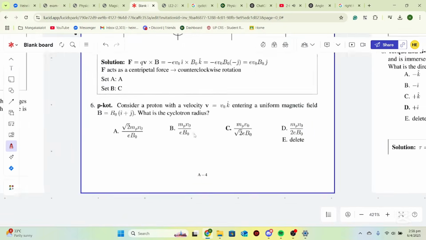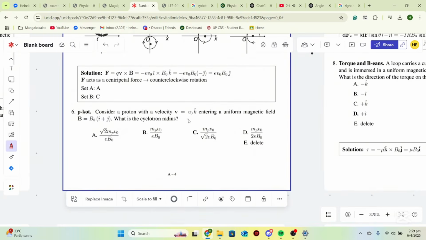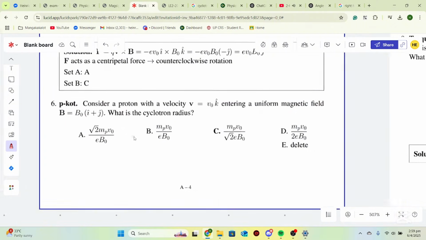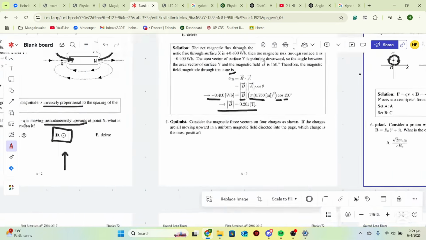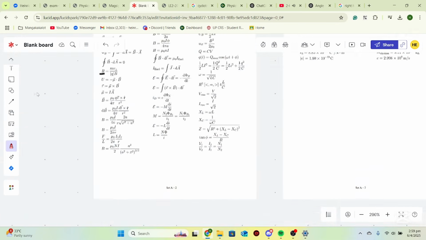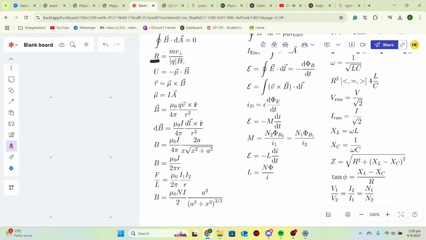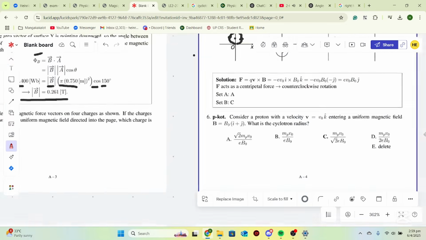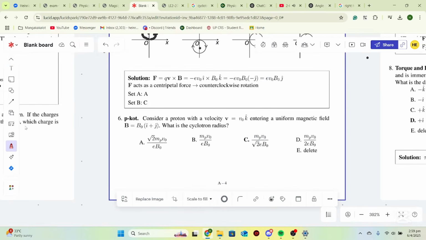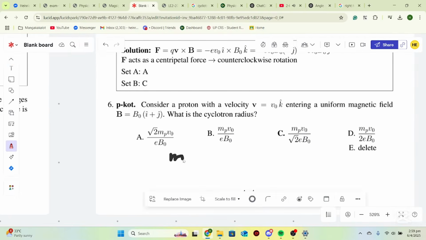All right. For number six, consider a proton with a velocity v naught k entering a uniform magnetic field v naught I plus j. What is the cyclotron radius? So we know from the list of equations that the cyclotron radius r is equal to mv over qB. So plugging that in, we get mv over eB.